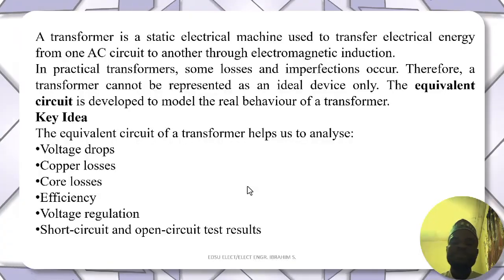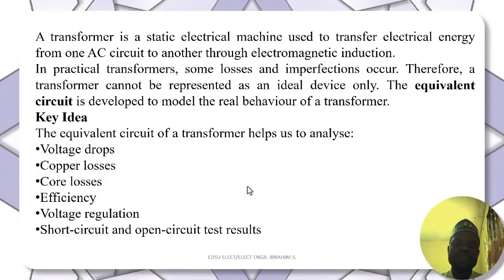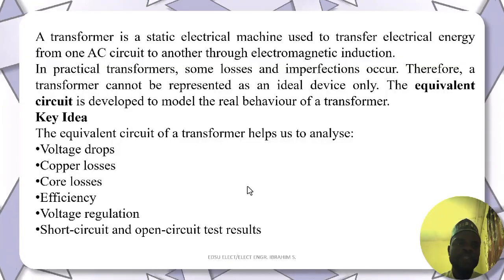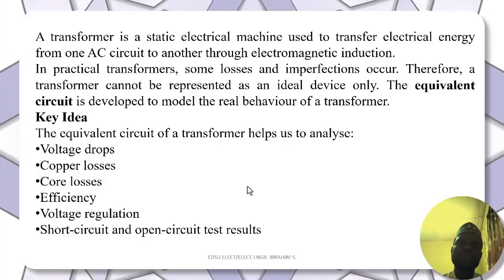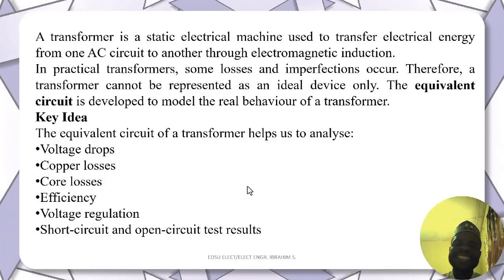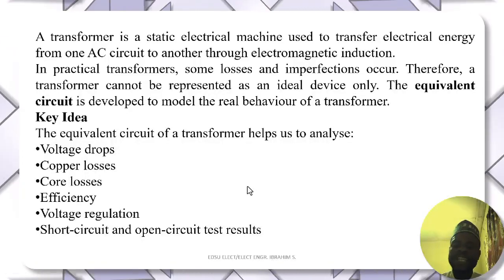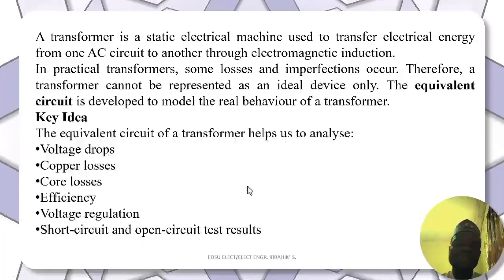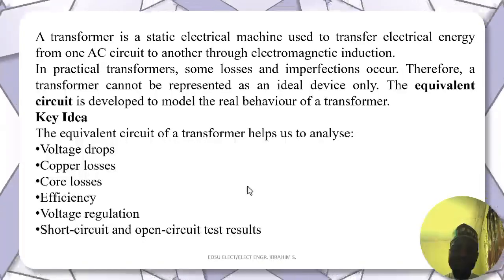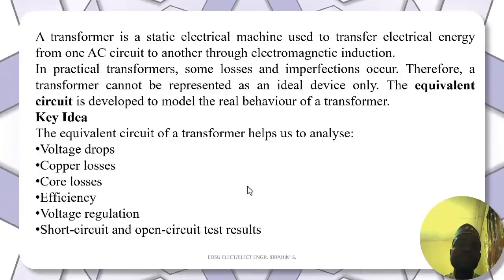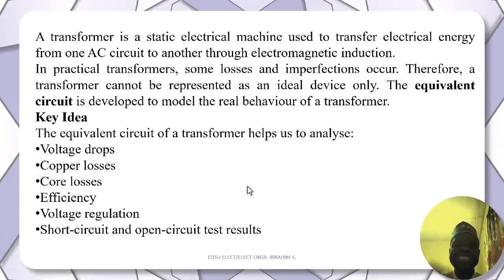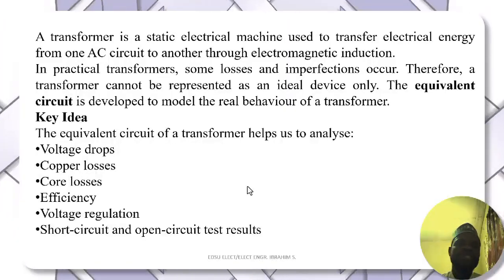So it means both sides of a transformer, the input and the output, are AC circuits. And we know this transformer to be a static electrical machine, right? It's called a static electrical machine because it does not have a physical moving part. That is what I call it, a static electrical machine.